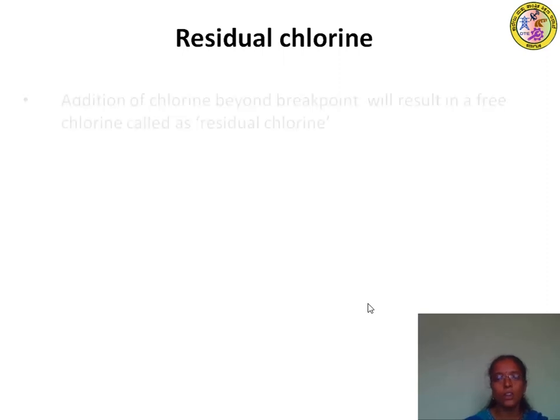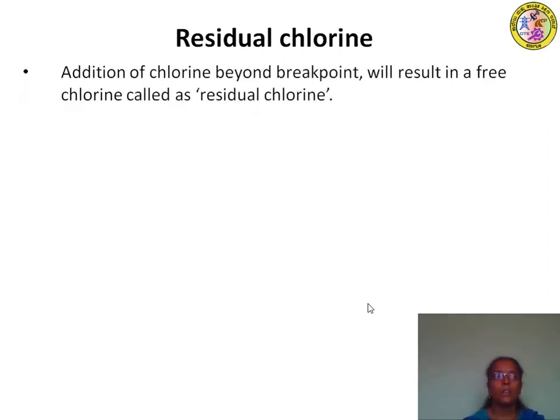What does residual chlorine mean? The addition of chlorine beyond the breakpoint will result in free chlorine, called residual chlorine. It is the free chlorine available in the water source which may be utilized as a disinfectant for recontamination during the supply.